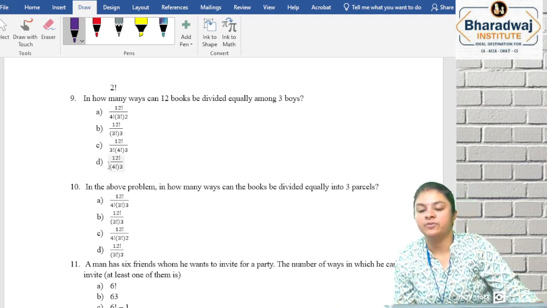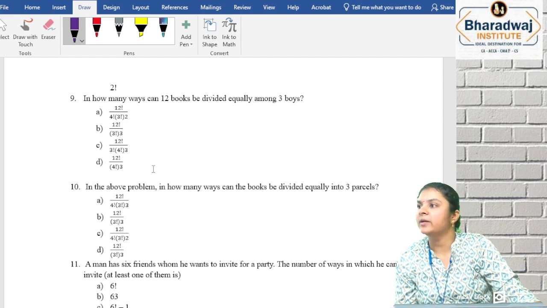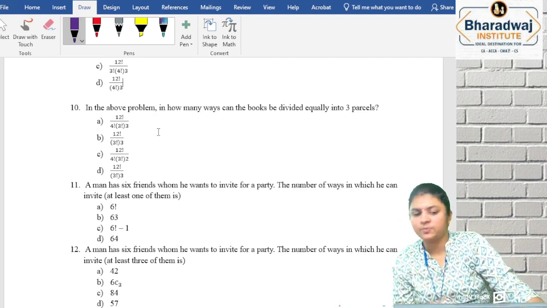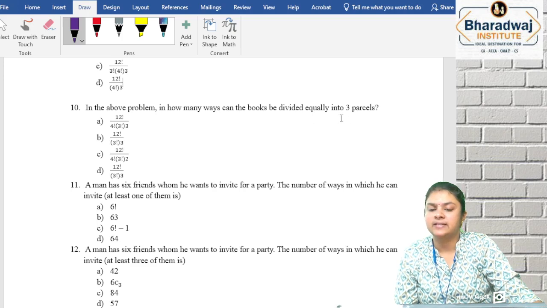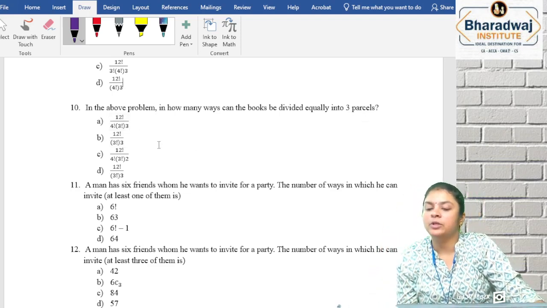Option D. Got it? Same model, 10th one. In how many ways can the books be divided into 3 equal parcels? 12 factorial by 3 equal parcels. Abdina? 4 items per parcel. So 4 factorial the whole cube.